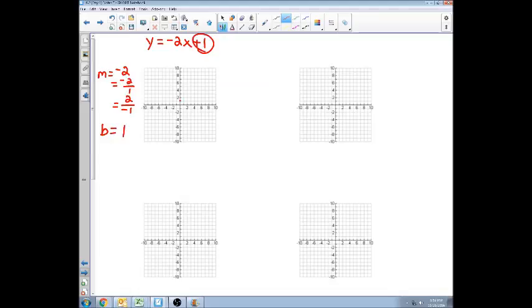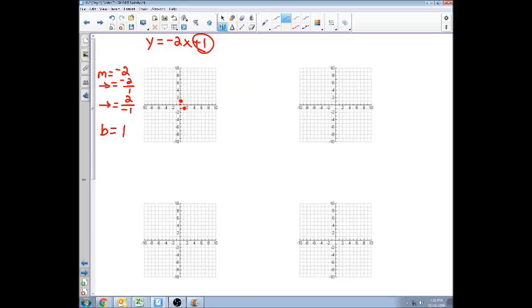So I'm going to go up to positive 1, make my point. I'm going to follow my first slope. It says negative 2, so my rise is negative. If my rise is negative, I'm going to go down 1, 2. My run is positive. A positive run goes to the right, so I go right 1 and make my point. Go back to my y-intercept, okay?